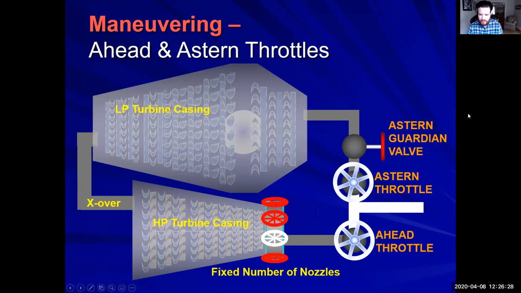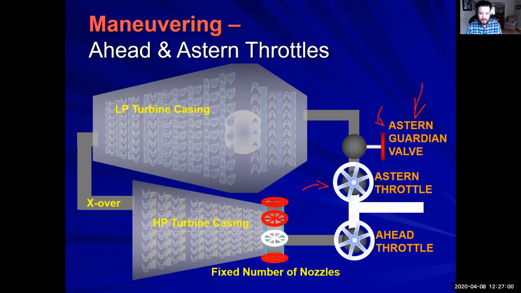The astern guardian valve is to do what? Why have one? Doesn't it stop the astern steam going through? Okay, what else? So they both don't run at the same time. Yeah, because that would be really bad if we had both the astern throttle open and the head throttle open at the exact same time. Okay, the astern guardian, just as we talked about, will go either fully open or fully closed.